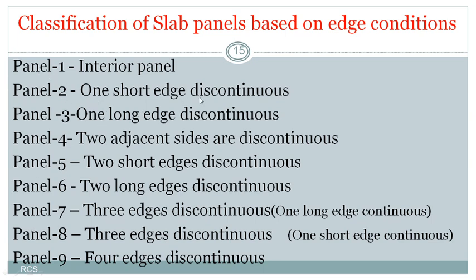One short edge is discontinuous, that means remaining three edges are continuous, and panel 3 is one long edge is discontinuous, remaining all edges are continuous, and panel 4 the two adjacent edges are discontinuous, and here panel 5 two short edges are discontinuous, panel 6 two long edges are discontinuous, and panel 7 three edges are discontinuous and one long edge is continuous, and panel 8 three edges are discontinuous, one short edge is continuous, and panel 9 four edges are discontinuous. So what are these panels and what are these continuous and discontinuous?